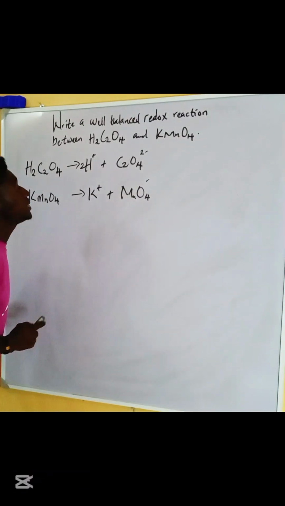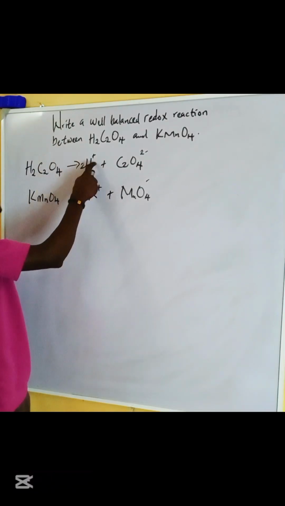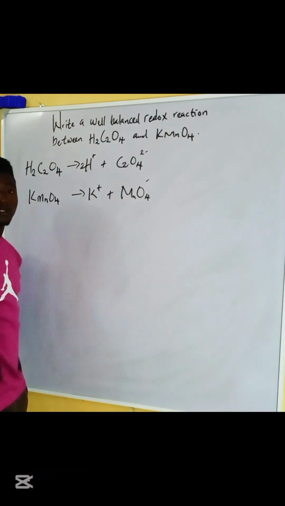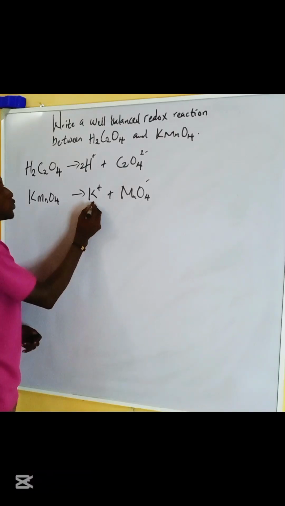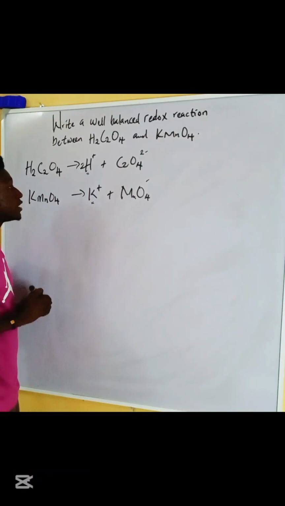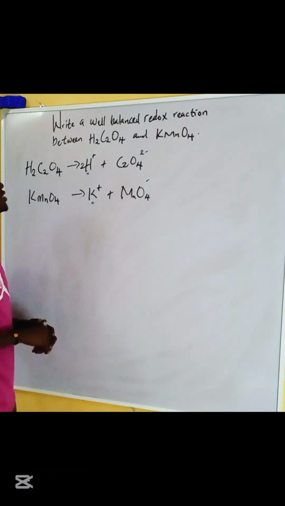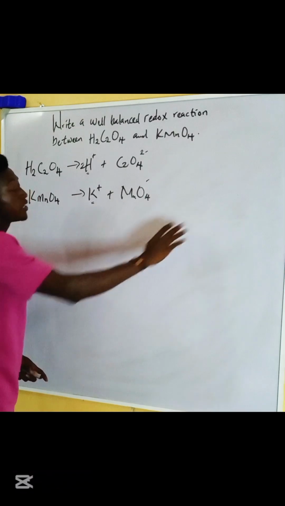Good. So in this situation, you will notice that we have our hydrogen ion and our potassium ion. Know that these two here are not our concern. In some questions, they would give a full reaction.